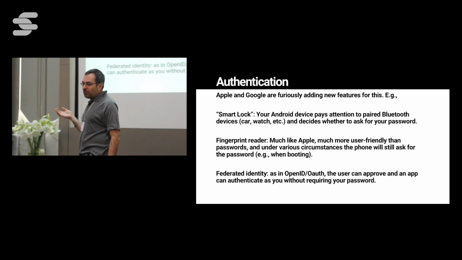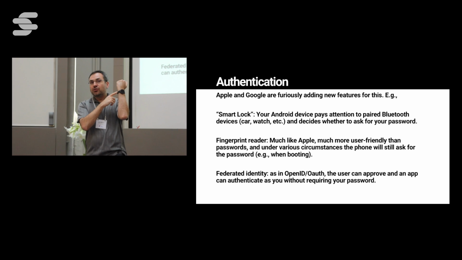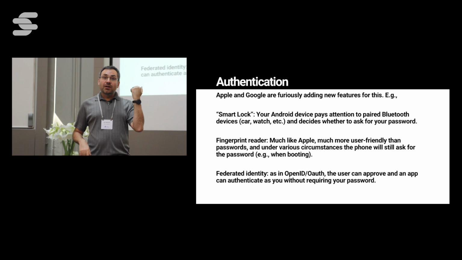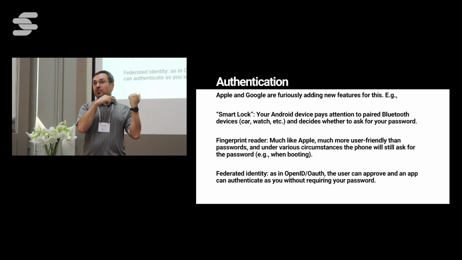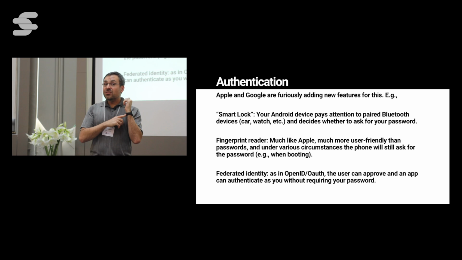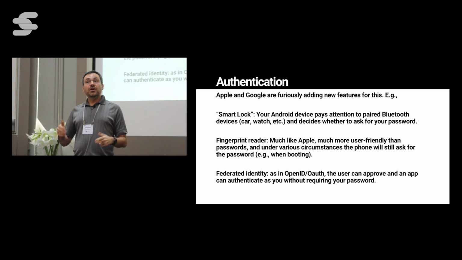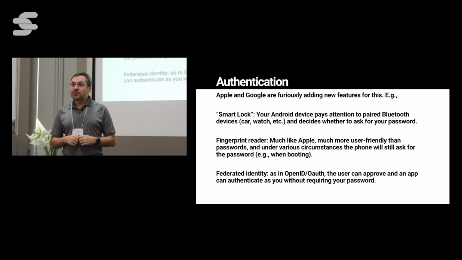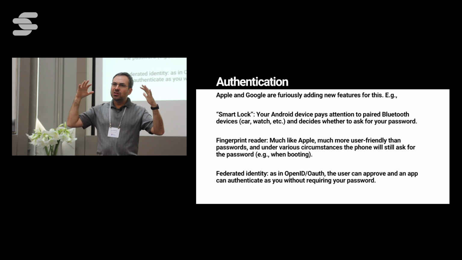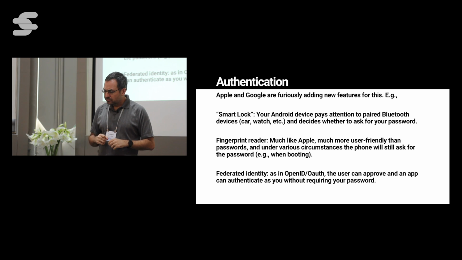Likewise, they have this smart lock idea. So this is an Android Wear watch. My watch and my phone talk to each other. And so when my phone sees my watch, it's more relaxed about security. When it doesn't see my watch, it's more vigorous about security. Likewise, you can program it so that when it sees your Wi-Fi at home or the Bluetooth of your car, your phone will lower its guard a little bit.